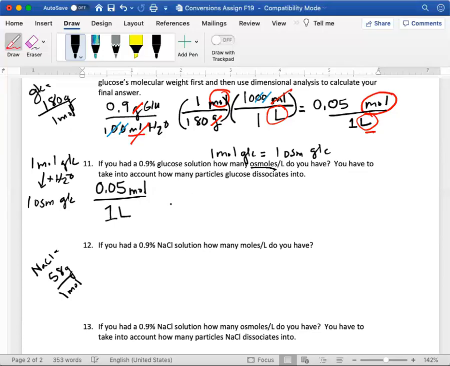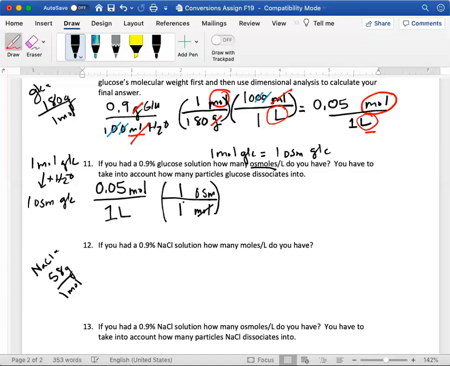So your conversion factor is going to be 1 to 1, right? So you have moles on the top. What goes on the bottom? You can pause it now and see if you can solve it, okay? And then come back and check the answer. So pause now. Okay, so this is moles, right? And then you want to convert it to osmoles. What's your conversion factor? 1 mole of glucose gives you 1 osmole.